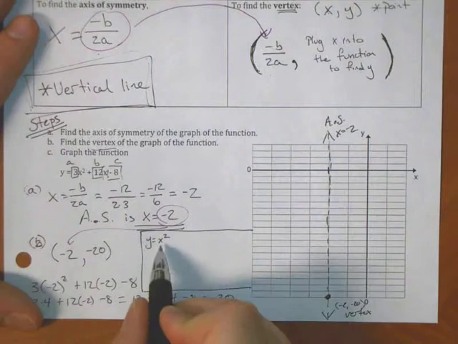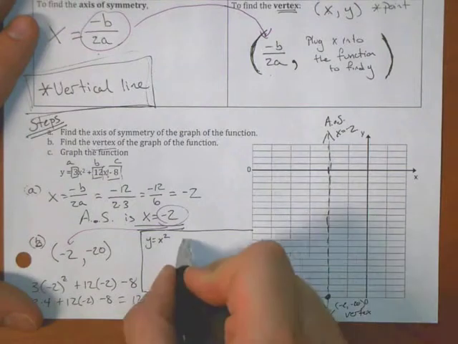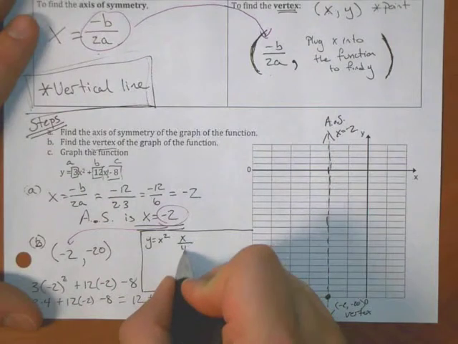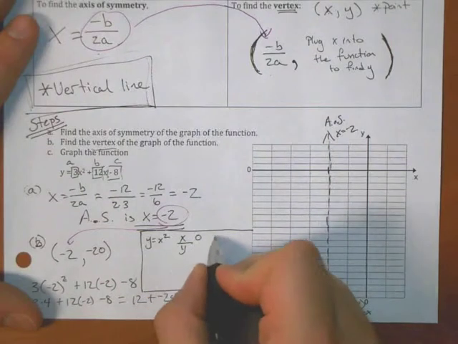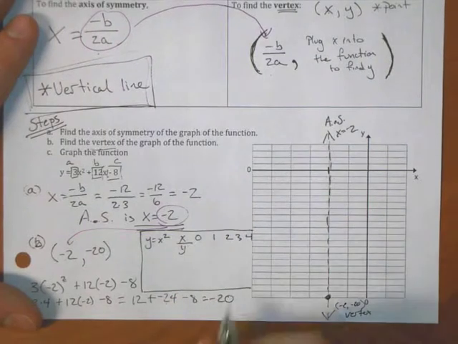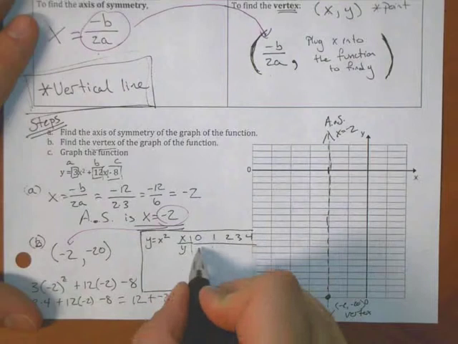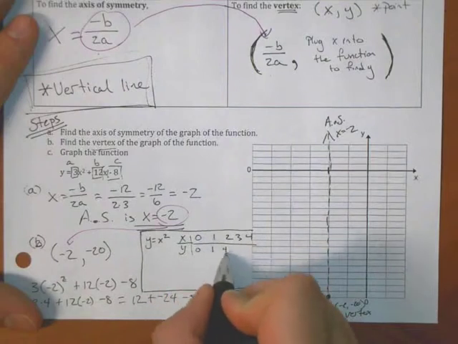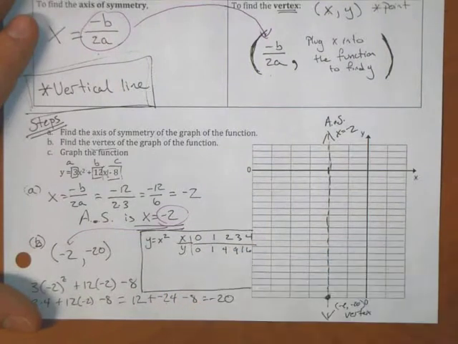Let's recall the table of values for the parent function y equals x squared. Now I'm just going to draw the 0 and the positive ones. When x is 0, 1, 2, 3, and 4, y was all the perfect squares to go along with them: 0, 1, 4, 9, 16.